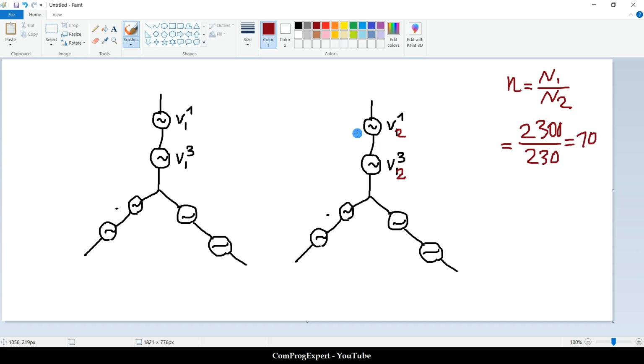So here V2 for the fundamental harmonic, the ratio we have is V1 for the fundamental harmonic divided by A. And for the third harmonic, again, we have this equation.